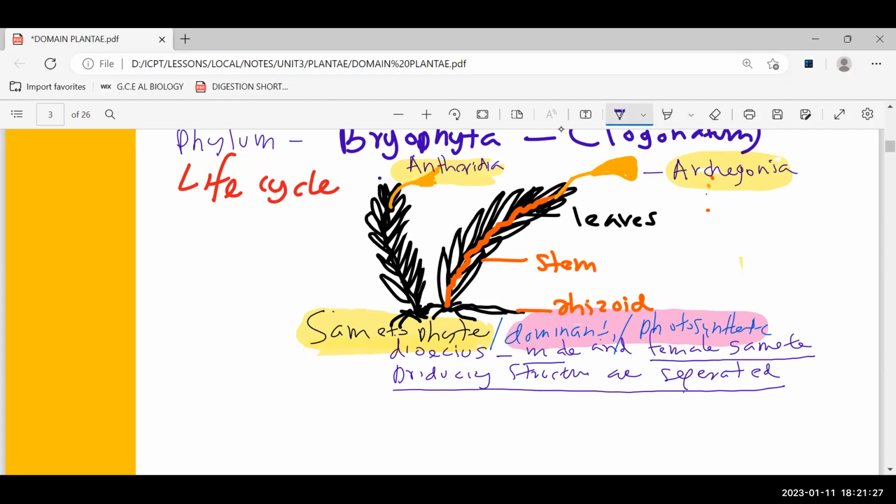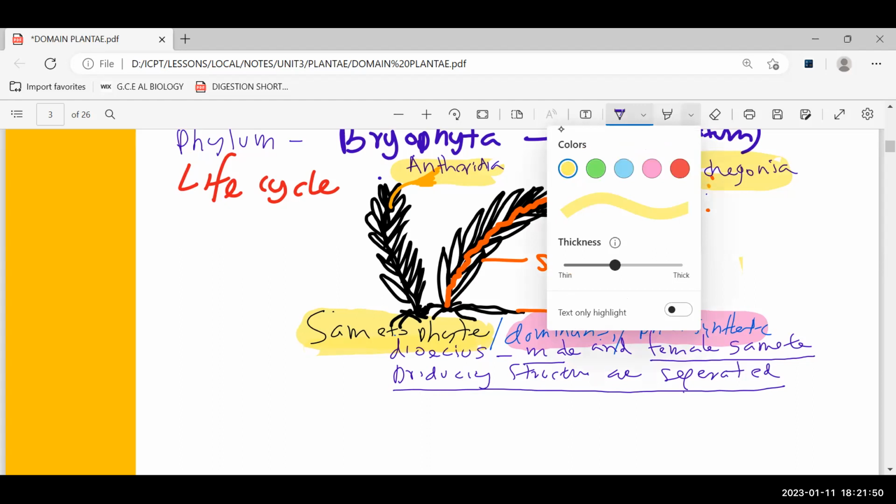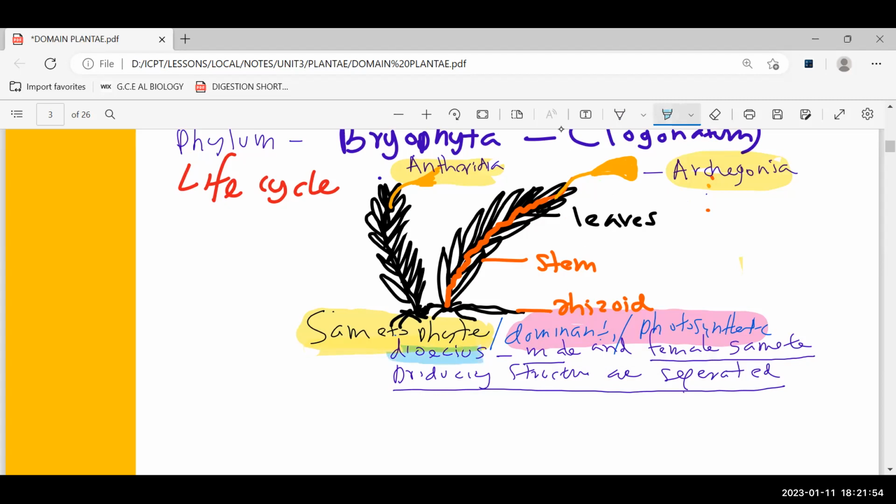But when you take the gametophyte, one structure is separate for antheridia and one structure is separate for archegonia. So they are separated. When they are separated, we call it dioecious, right?